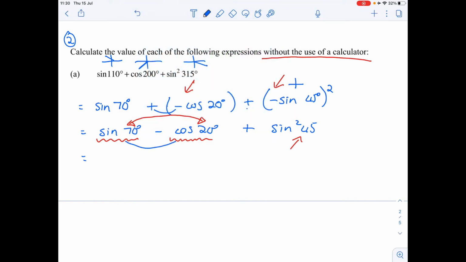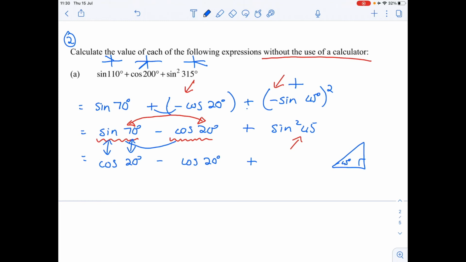So I can change this to be the cos of 20 degrees, because sine and cos are co-functions and 70 and 20 are complementary angles. So sine of 70 can be replaced with the cos of 20 minus cos of 20, and then you can see they will cancel. Let's quickly have a look what sine of 45 is.